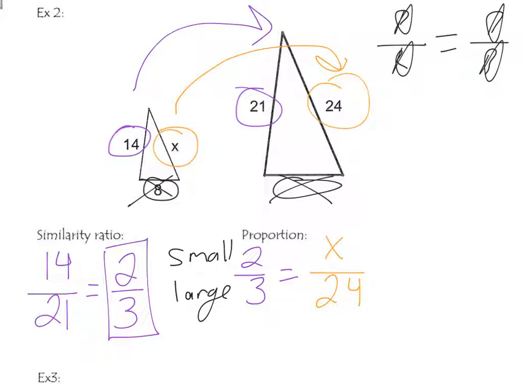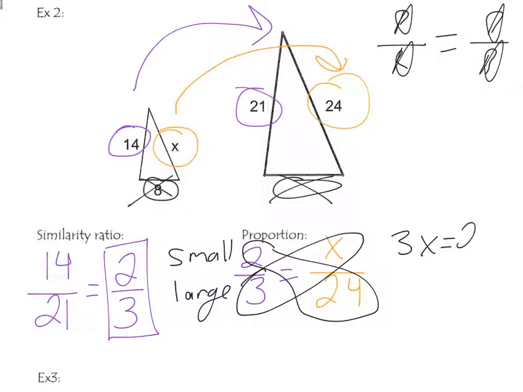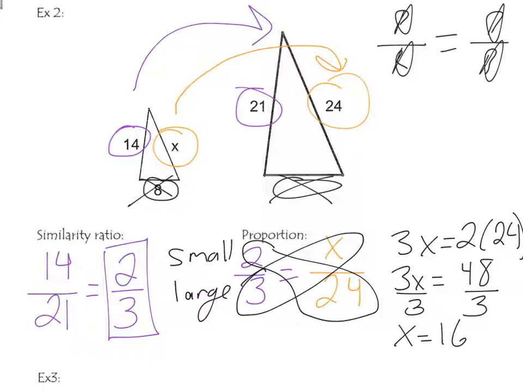And then same deal, we're going to do a little cross multiplying. So I have 3x equals 2 times 24. 2 times 24 gives me 48. And then I just need to divide by 3 to get that x equals 16. And again, this is a length, x by itself, so this is units.